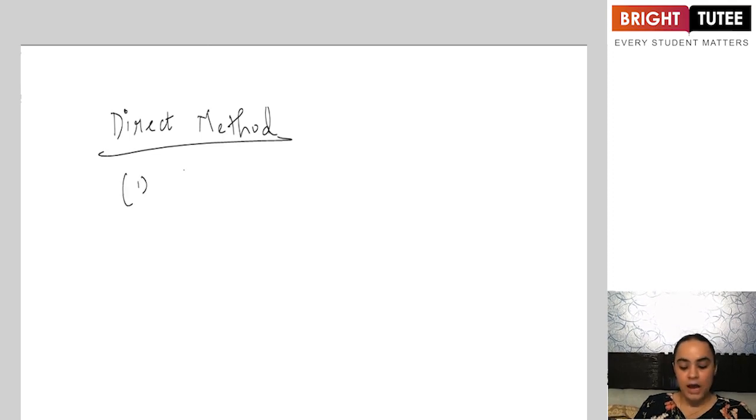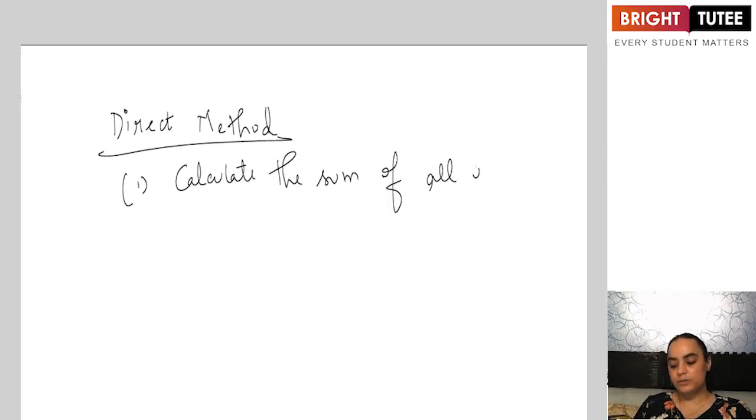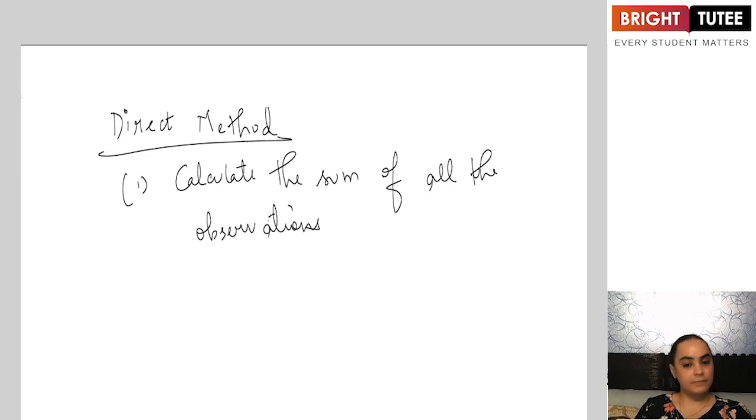First, I am going to calculate the sum of all the observations given to me. We denote the observations using the alphabet X, and the sum, the summation of X.